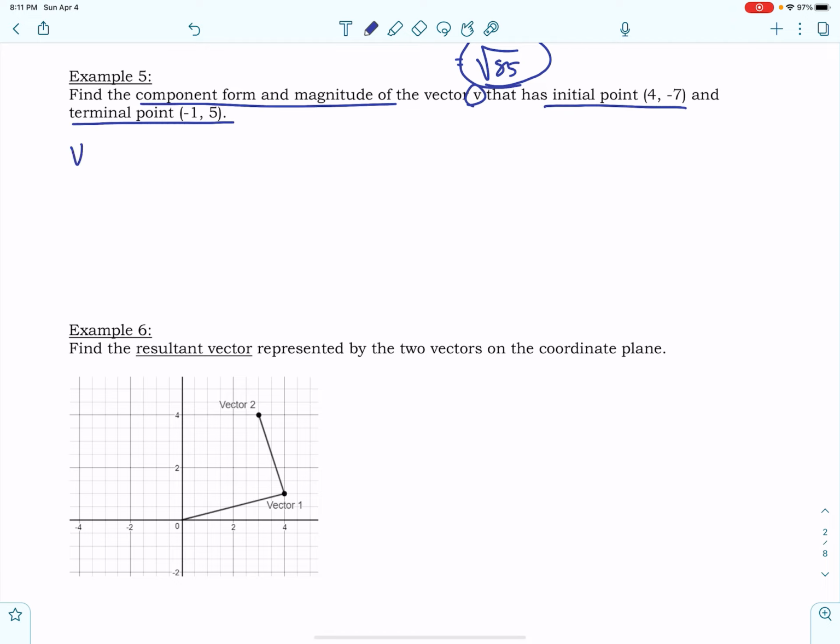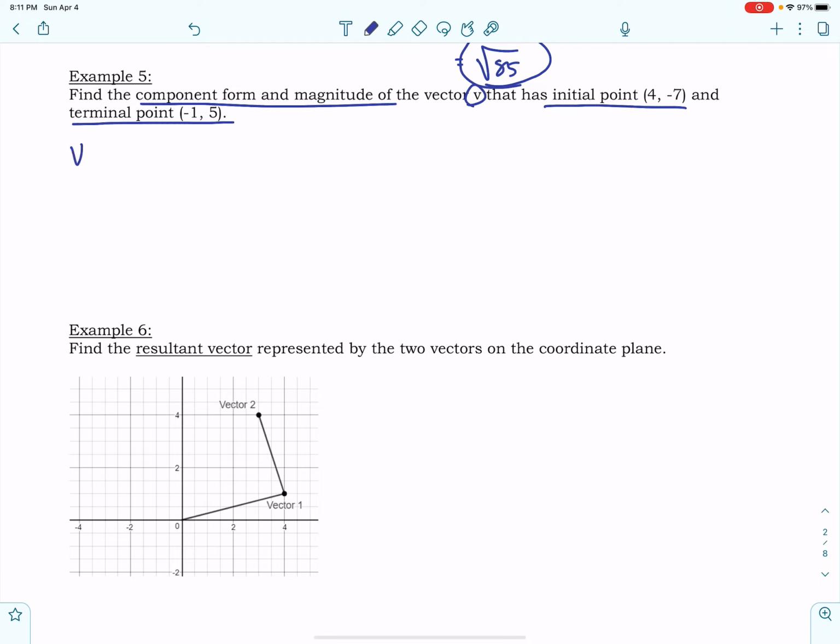So vector V, the component form is going to be x2 minus x1, so negative 1 minus 4, and y2 minus y1, which is 5 minus a negative 7. So this is going to be negative 5. This is going to be 5 plus 7, which is 12. So this is my component form, and now I want the magnitude.